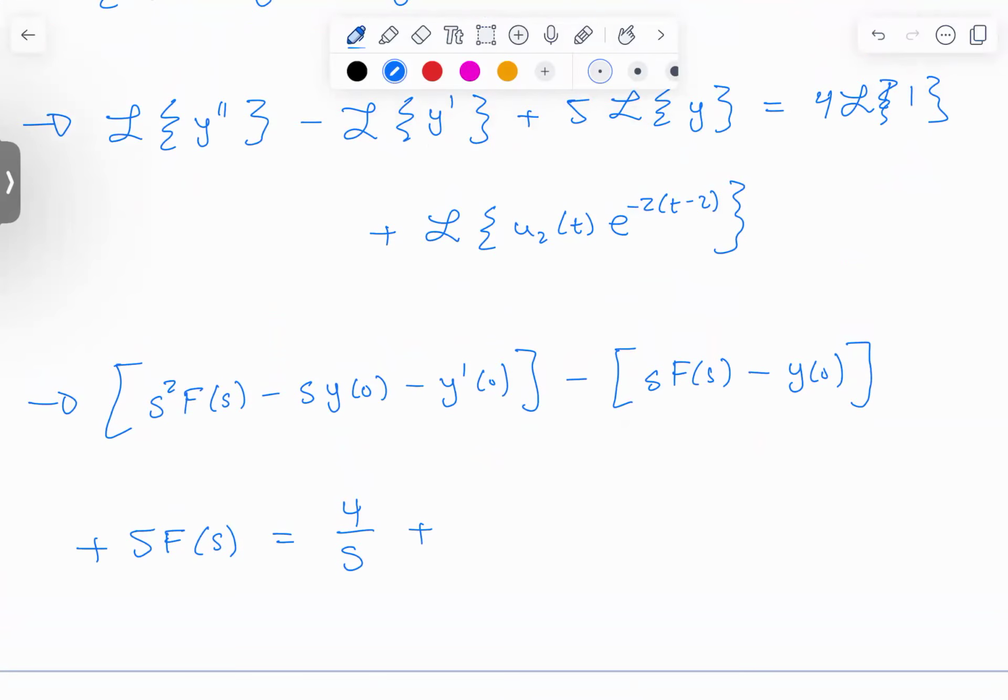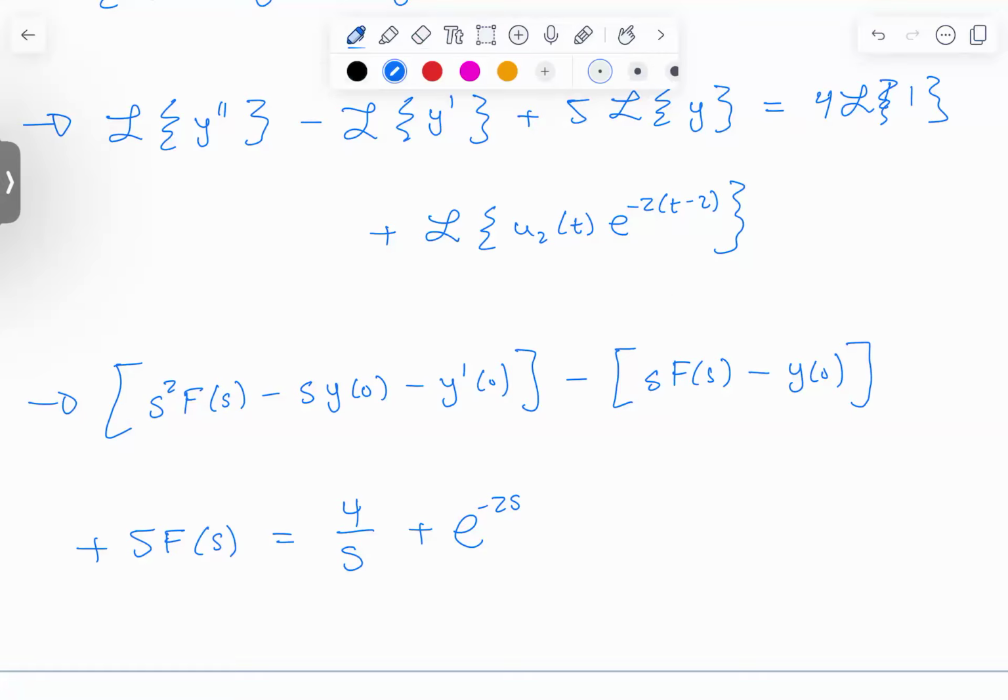Then recall the Laplace transform of the Heaviside is the E function, e to the negative cs, and whatever the adjustment is. So in this case, negative 2s, and my function here, remember that we try to identify the actual function.